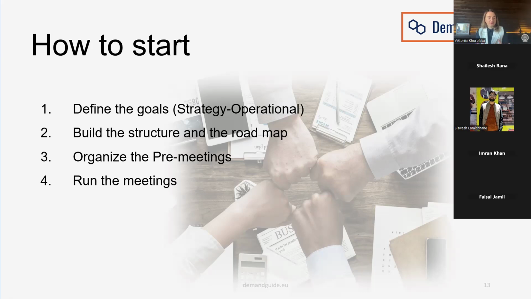The third step is to organize the pre-meetings. I would say this is the most important part, or the most neglected part. Sometimes people just forget about that, or don't do it, or think it is not so important in the starting process, in the implementation process.